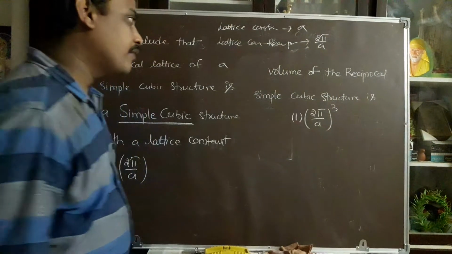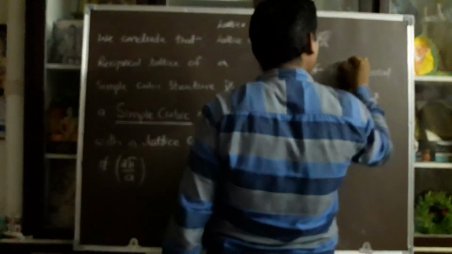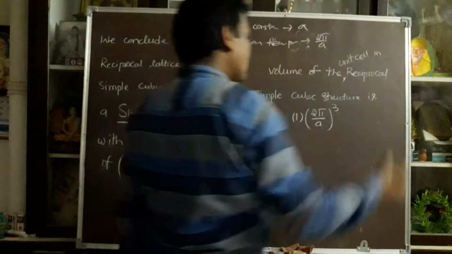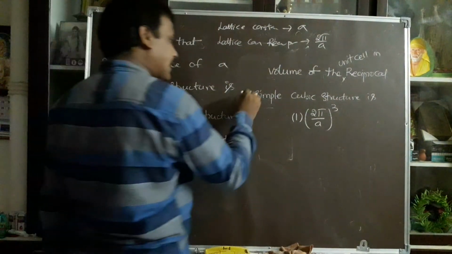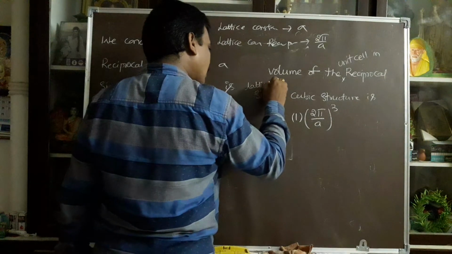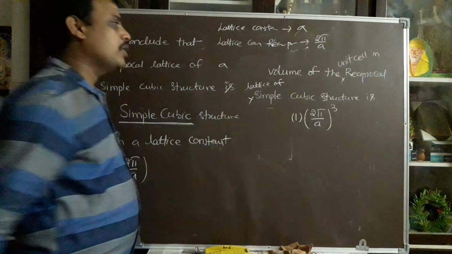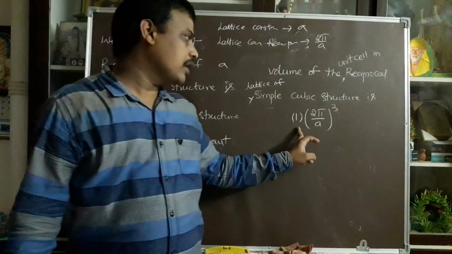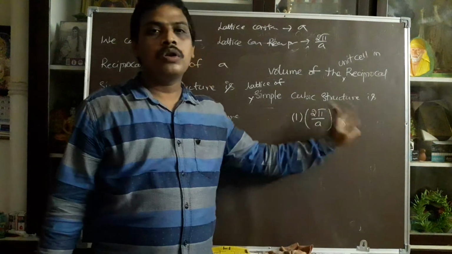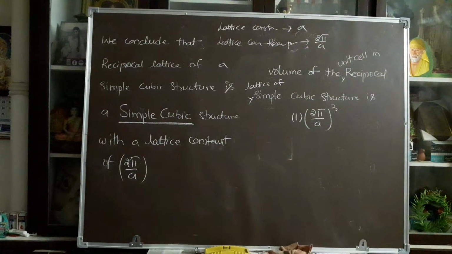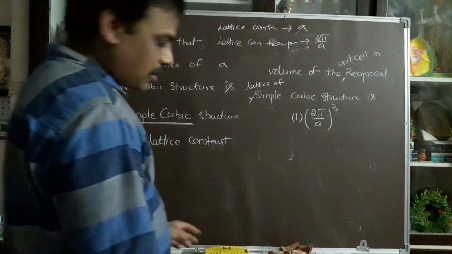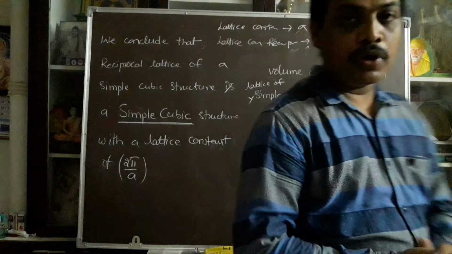So the volume of the unit cell in the reciprocal lattice of a simple cubic structure is 1 into 2 pi by A whole cube. That is the volume of the reciprocal lattice of the simple cubic structure. So this is called the reciprocal lattice of a simple cubic structure.